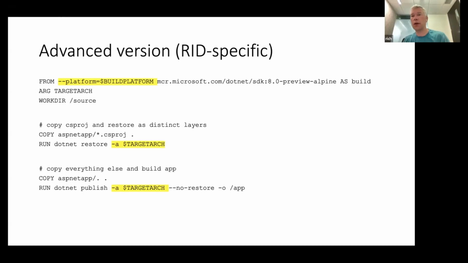If you want to produce the most optimal content, you can do this -a target arch. And this is where that second line is relevant. Everything you produce will be RID specific. Okay, that was that topic.